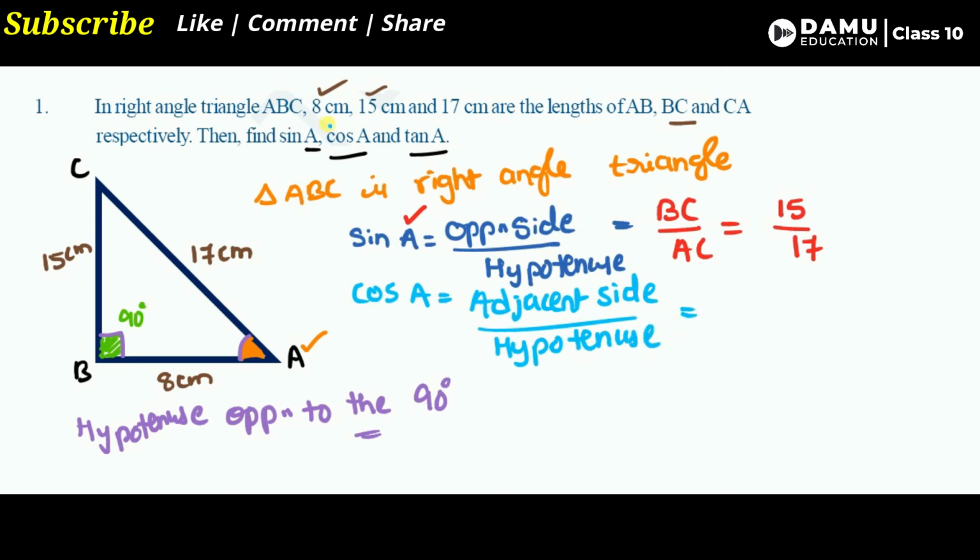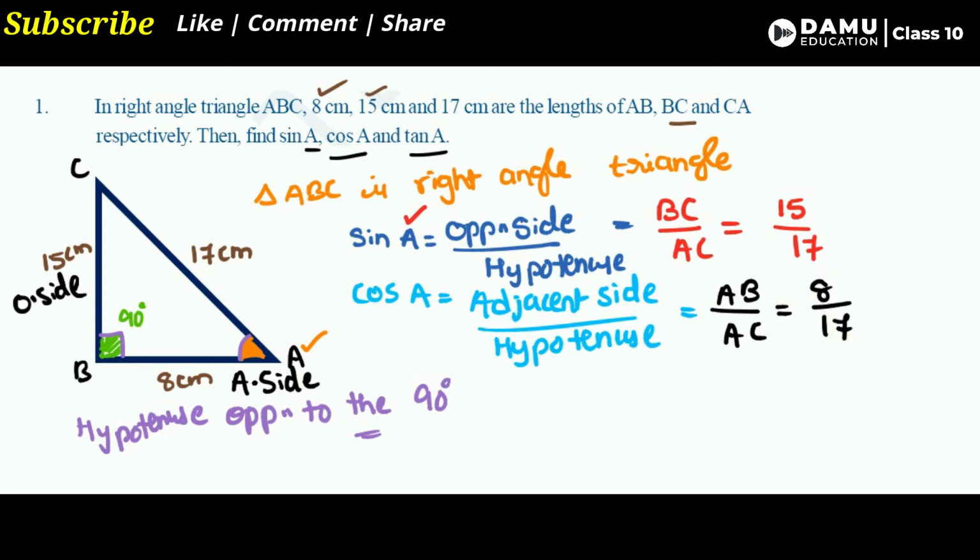What is the adjacent side for the angle A? We should not consider the hypotenuse, so AB is the adjacent side. This is the opposite side and this is the adjacent side. So cos A is AB by AC, that is 8 centimeter by 17 centimeter.